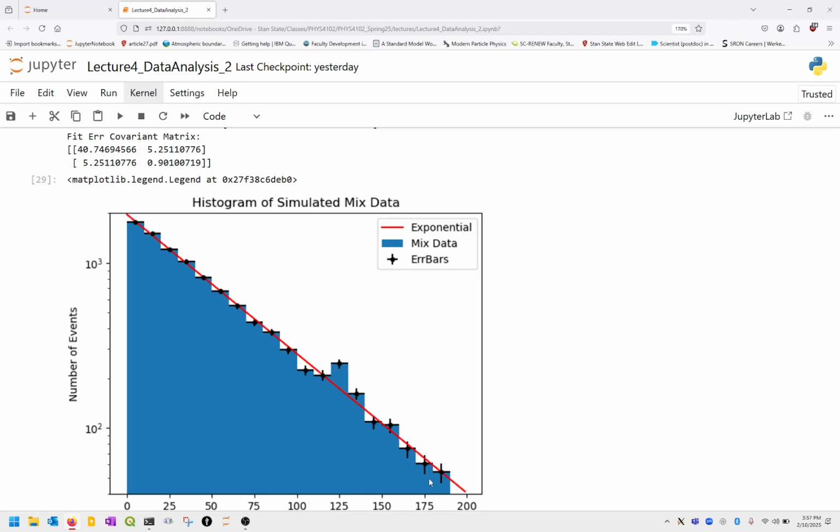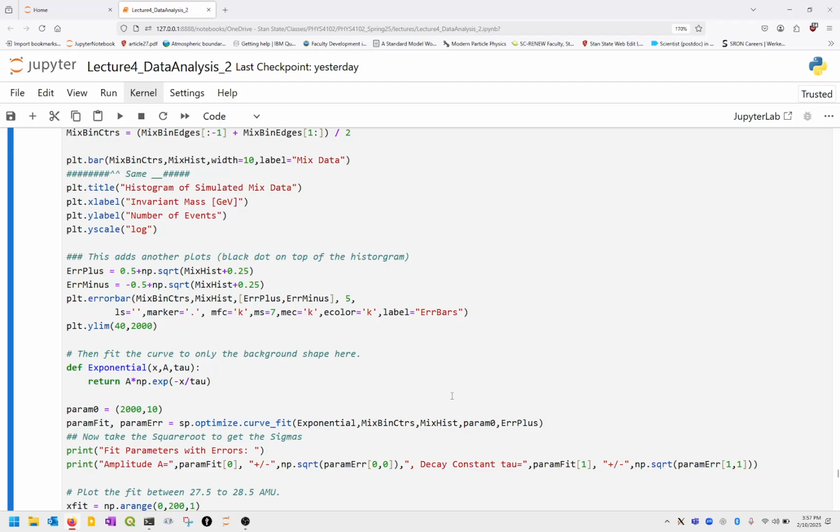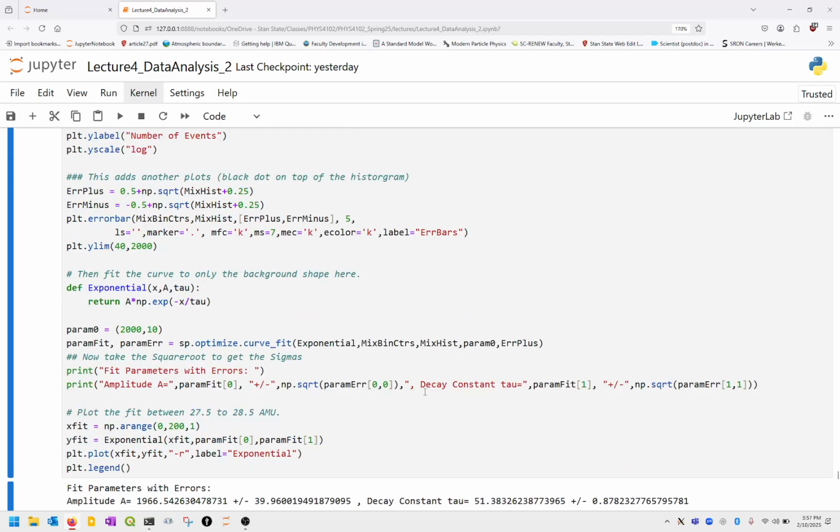Can anyone think of a solution before I show it? Yeah, you can guess where your signal is. If you're expecting your signal to be at 125, you just don't fit to those points. In fact, what I'll show you is a fit.